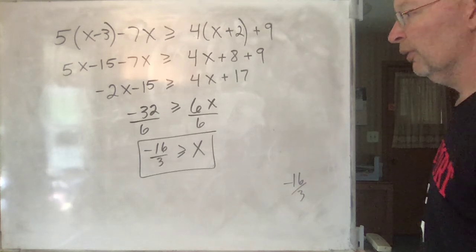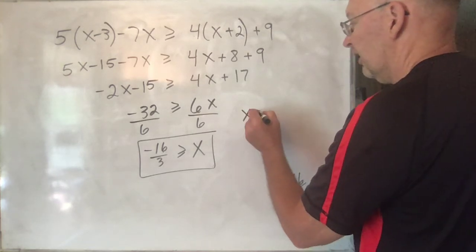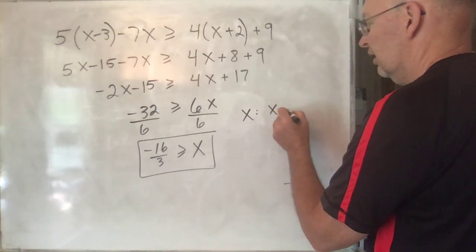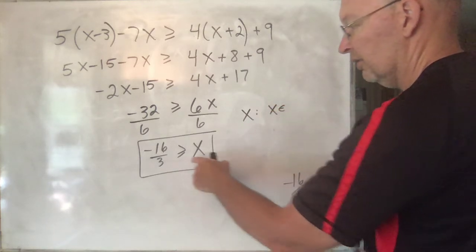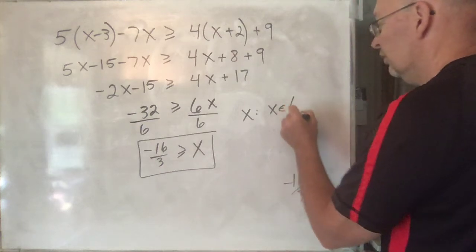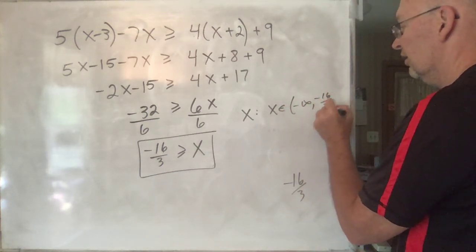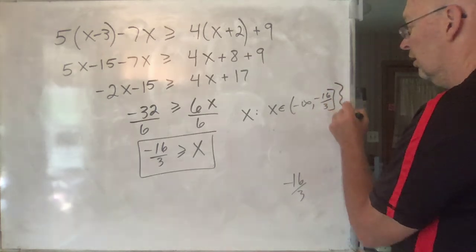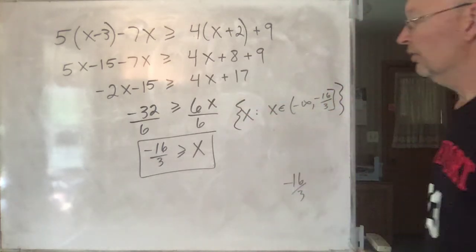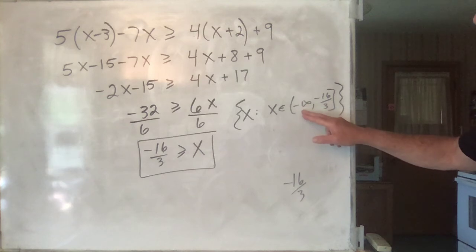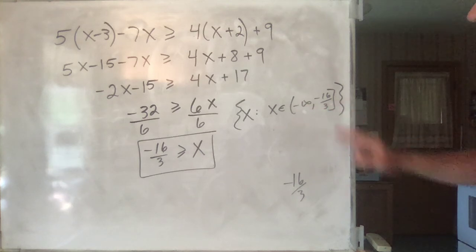Okay? So you can write it like that, or you could write it as x such that x is an element of what? It's less than or equal to negative 16/3. So there's what it is. Everything less than or equal to negative 16/3.